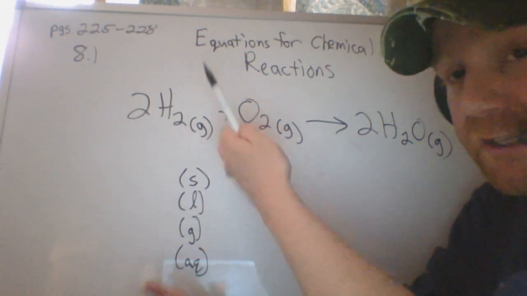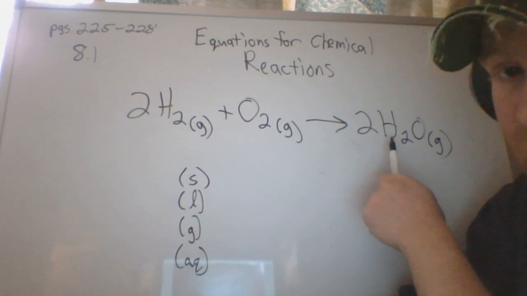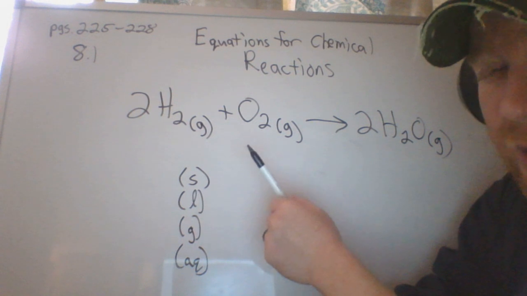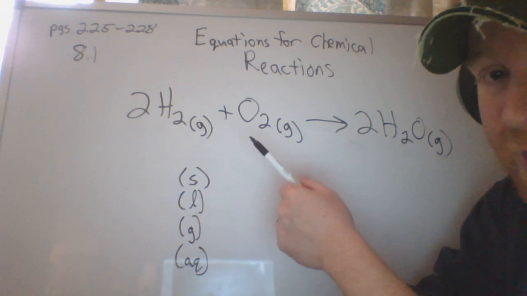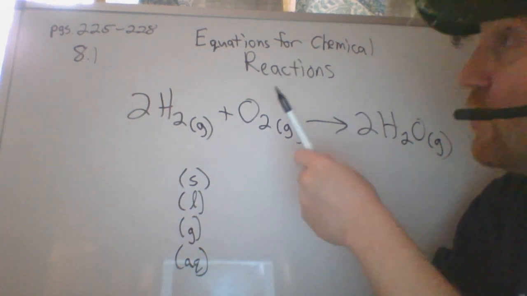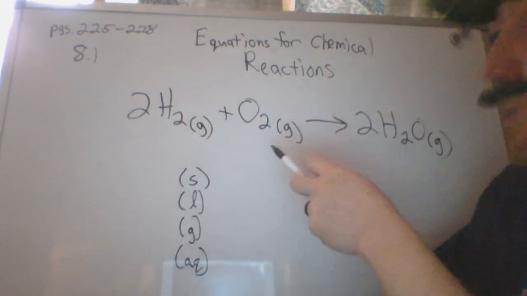Basically, whatever we have on the left-hand side, we have to have on the right-hand side. And for section 8.1, it just wants you to be able to identify if an equation is balanced or not. This equation is on page, I believe, 226. I apologize, it's on page 227.